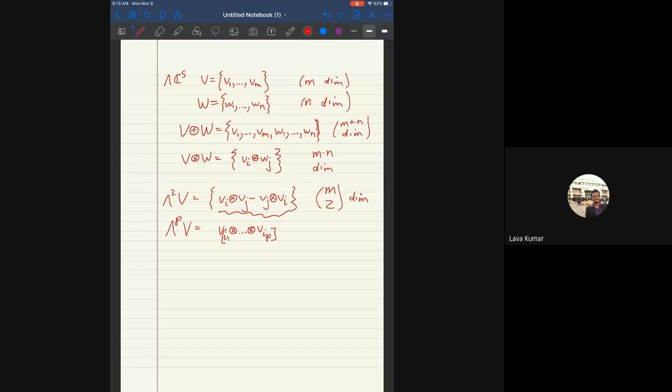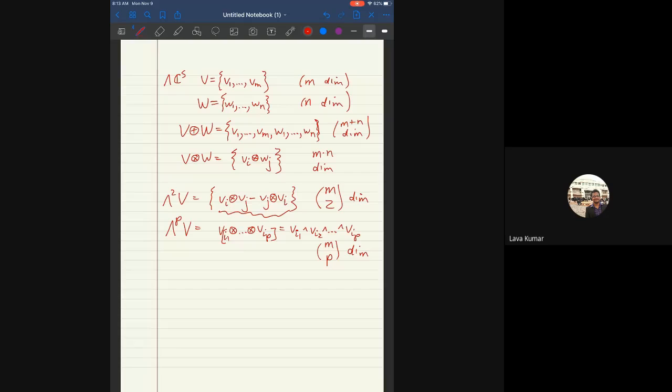Or another way to say that is that I write this anti-symmetrized product using wedges. Another notation for this is VI1 wedge VI2 wedge ... wedge VIP. So that's how this wedge product is defined, and so here this is an M choose P dimensional vector space.